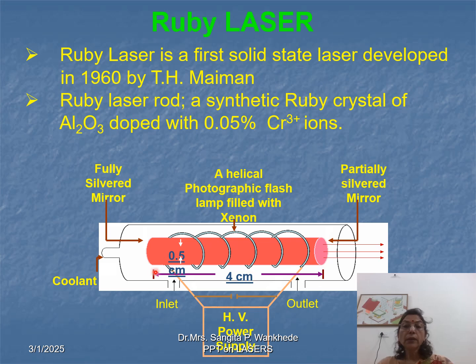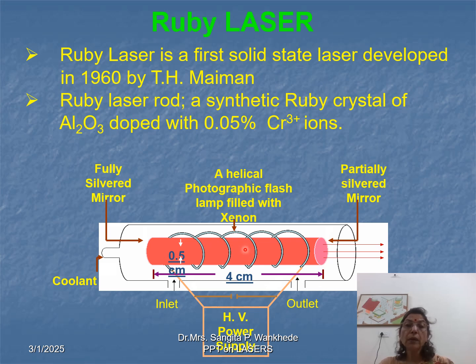The ruby rod is 4 centimeters in length, and its diameter is 1 centimeter. The front mirror is partially silvered, and the back mirror is fully silvered, so an optical cavity resonator is made. When the high voltage power supply is switched on, a flash of white light will be incident on this ruby rod.